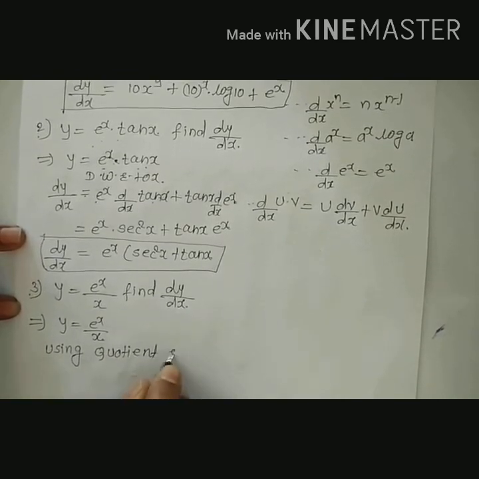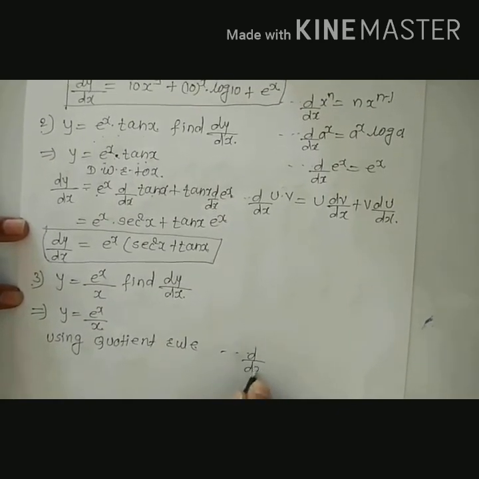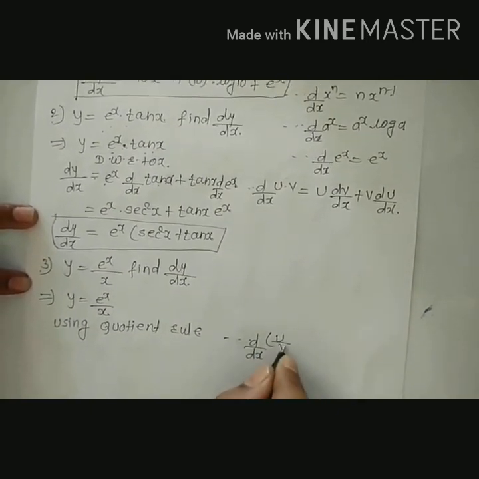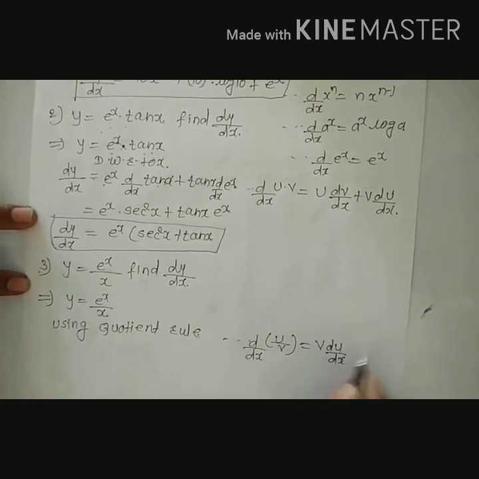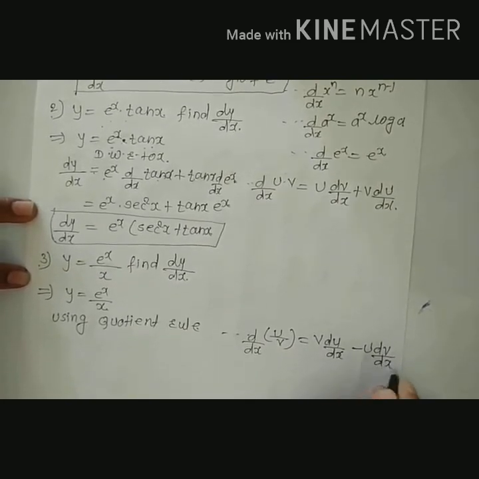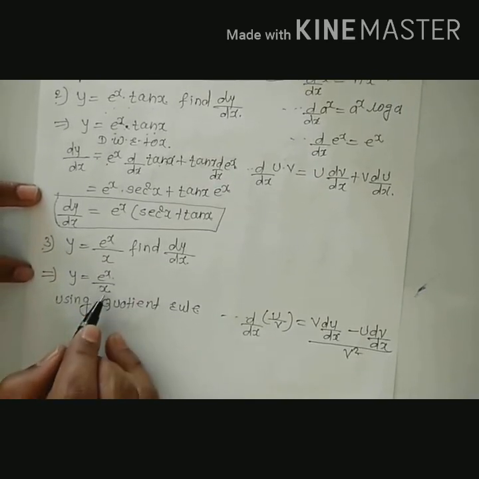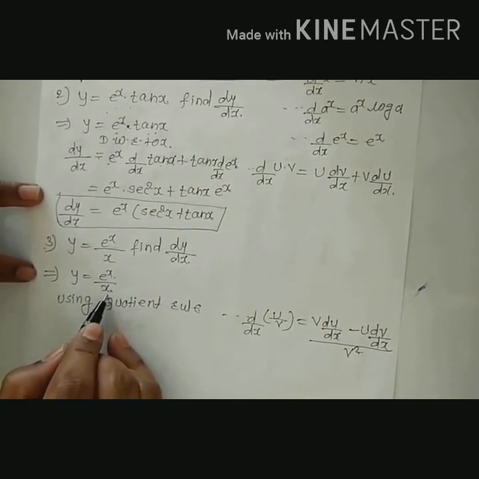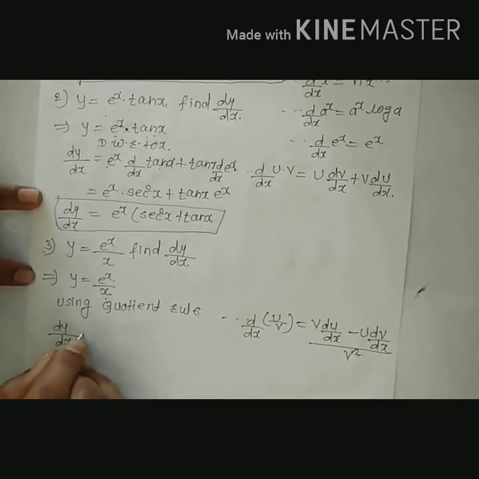What is the quotient rule? The derivative of u by v equals v as it is into derivative of u, minus u as it is into derivative of v, and divide by v square. Here u means e raised to x and v means x. The derivative of y is dy by dx.